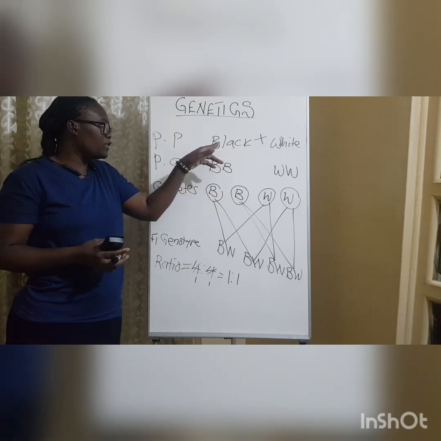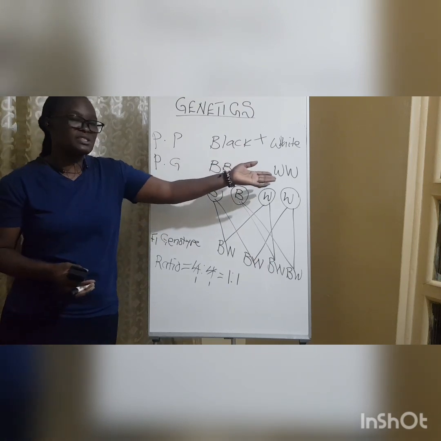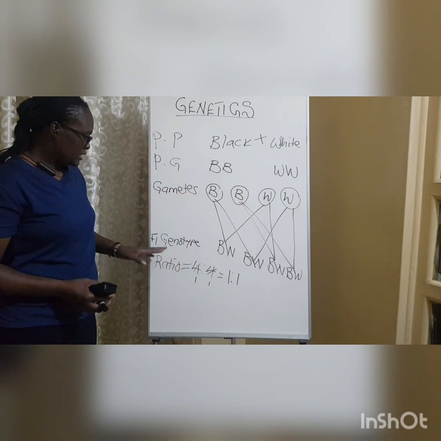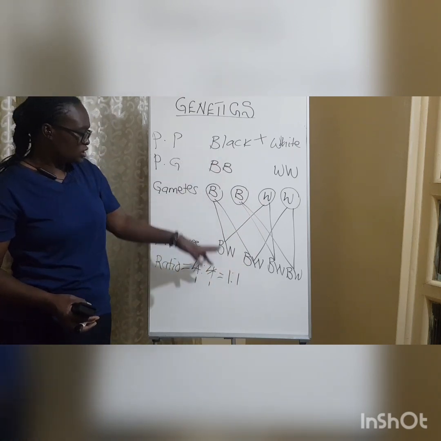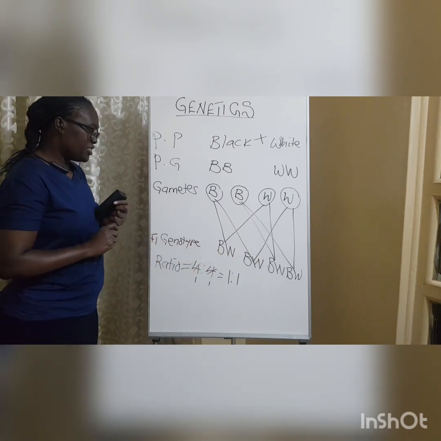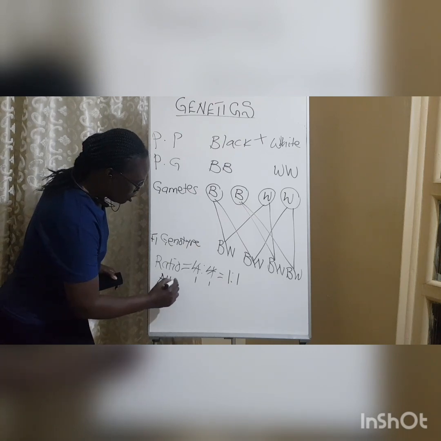So the genes for the black bull is BB. Then the gametes, you just separate the genes. Those are the gametes. Then you cross them. And then when you cross, what you come up with looks like this. Then you say genotype.